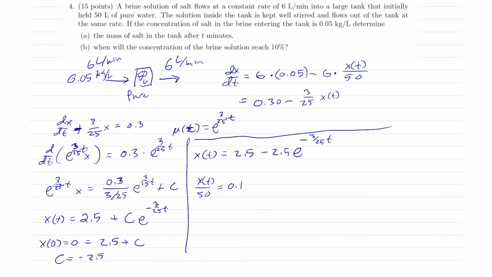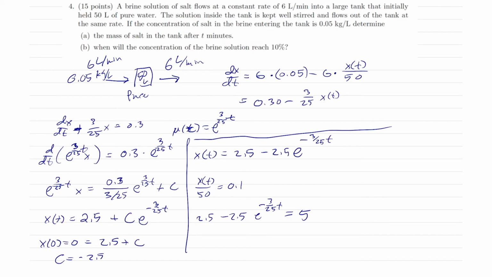And so then if we plug everything in, let's not do it that way. Multiply by 50 on both sides. So we get 2.5 minus 2.5 e to the minus 3/25 t is equal to 5.